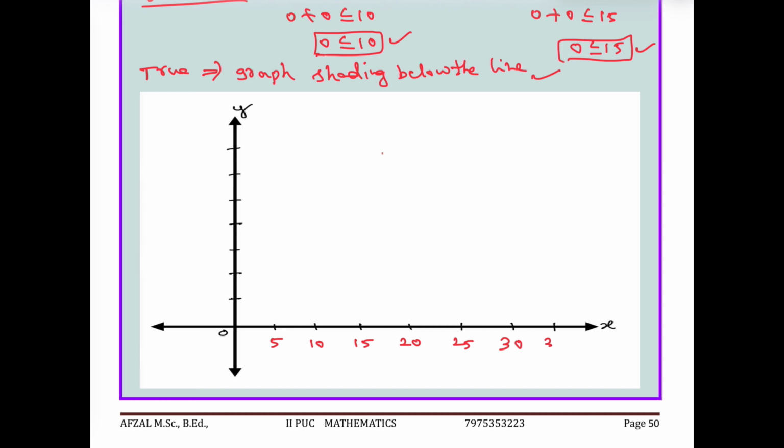3 and 3 cancel. dV by dt value is 900. 4 into pi r square, 15 into 15 into dr by dt. Then 900 equals 4 into 15 into 15. 4 into 15 is 60. 60 into 15 is 900 pi into dr by dt.